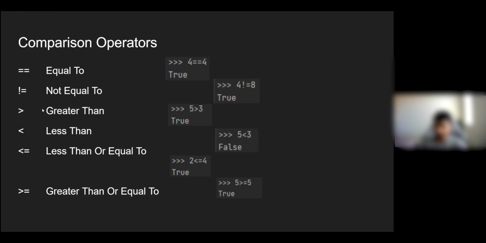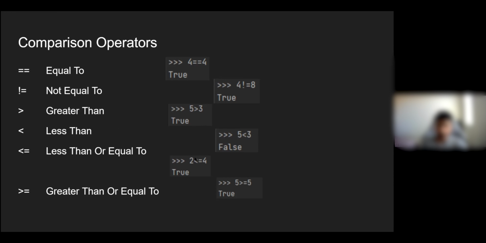And then the greater than sign: if we did 5 is greater than 3, it would say true because 5 is greater than 3. For less than, it's the same thing with the less than sign. So 5 is less than 3 would output false. Then we have the less than or equal to operator, which is the less than sign and then equal to.